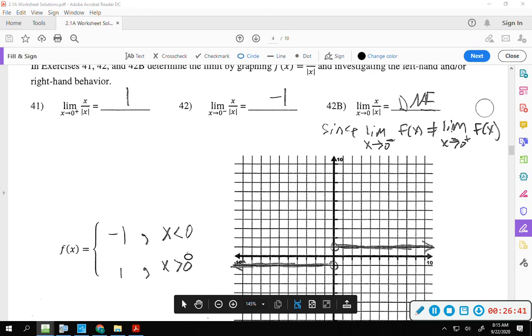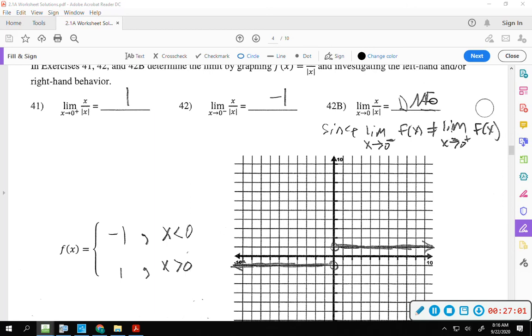So what is the limit as x approaches 0 from the right? Positive 1. What is the limit as x approaches 0 from the left? Negative 1. What is the limit as x approaches 0 of this function? Does not exist. Always verify.